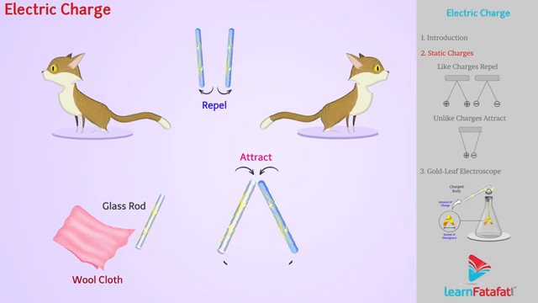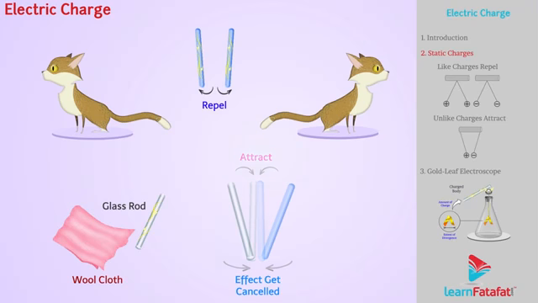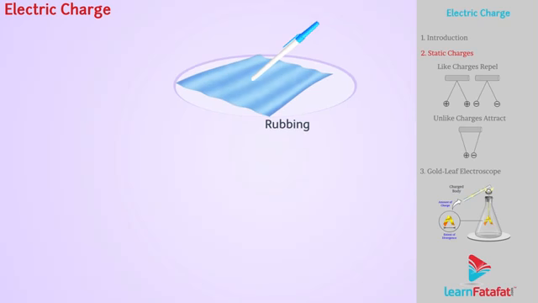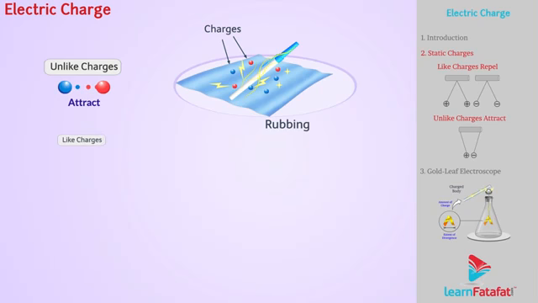Furthermore, if they are brought in contact, their effects get cancelled out and hence they no longer attract each other. From this activity, we can say that by rubbing, charges get developed. Unlike charges attract each other and like charges repel each other.